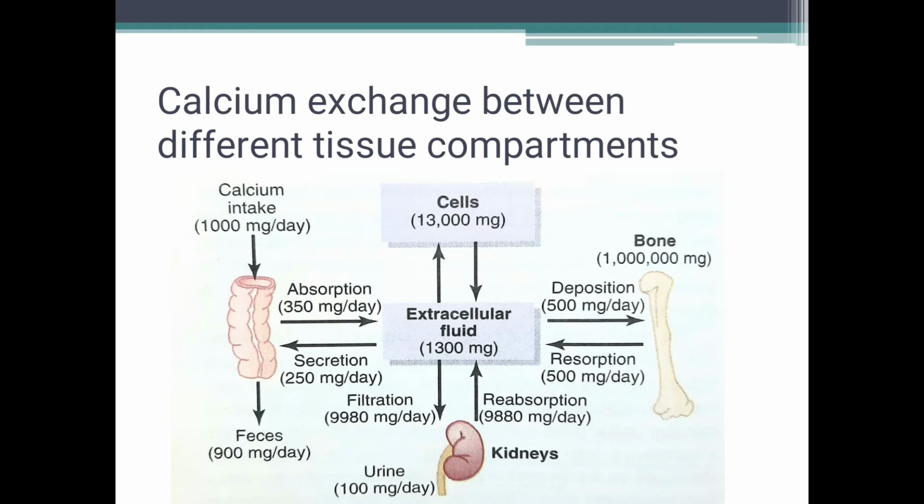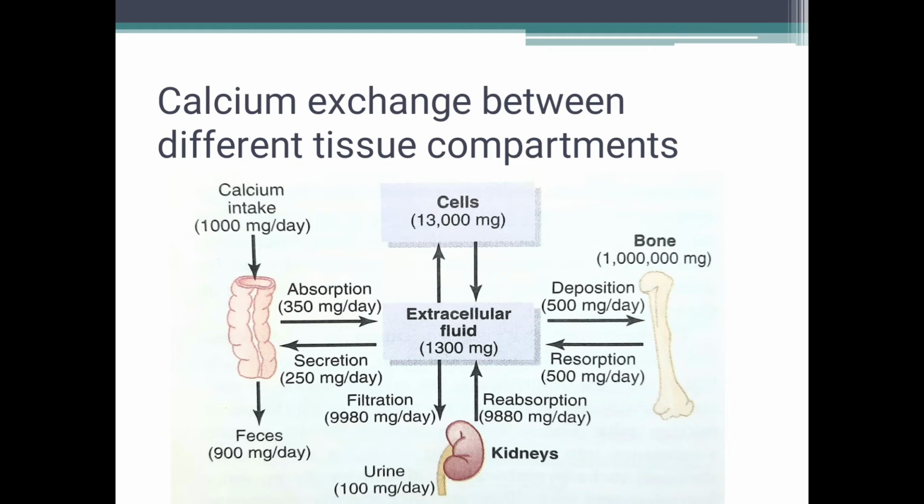See, normally in the renal tubules, 99% of the filtered calcium is reabsorbed. So only the 1%, 100 milligram per day, is excreted in the urine. So 99% of the filtered calcium is reabsorbed.